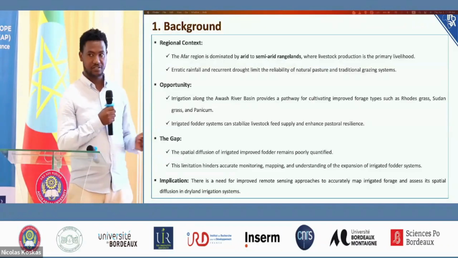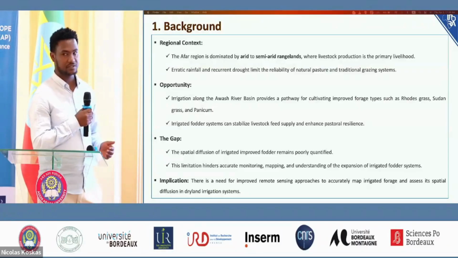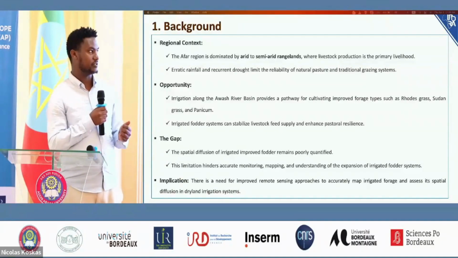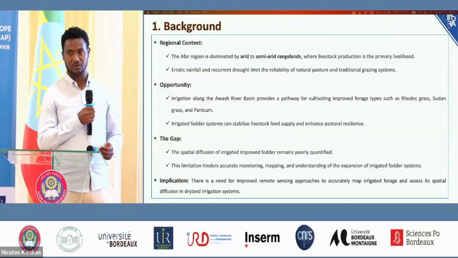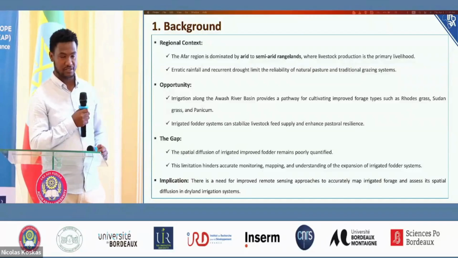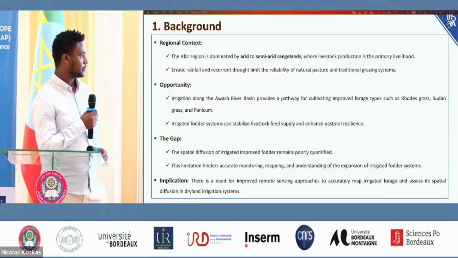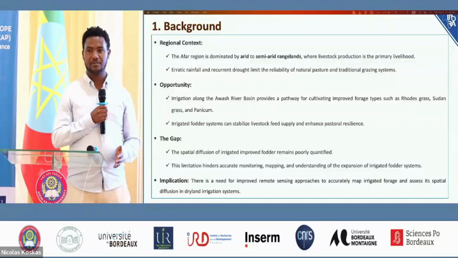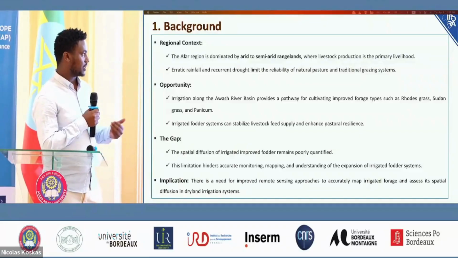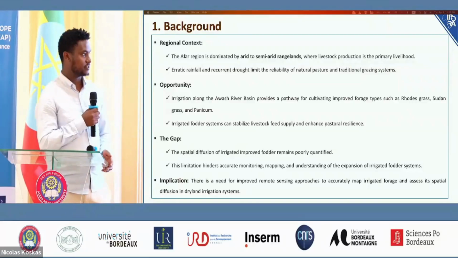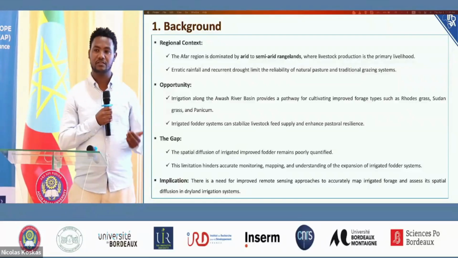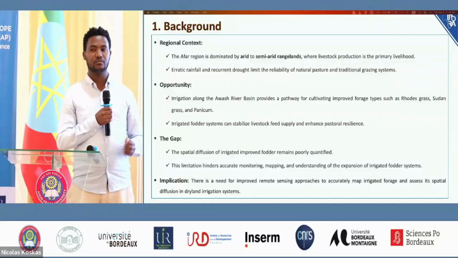The irrigation from the Awash River plays a crucial role in cultivating improved fodder or forage for feeding livestock. Then the main gap here is that in order to quantify the spatial distribution, including the temporal diffusion of this fodder, we need to quantify the extent of fodder in the study area.